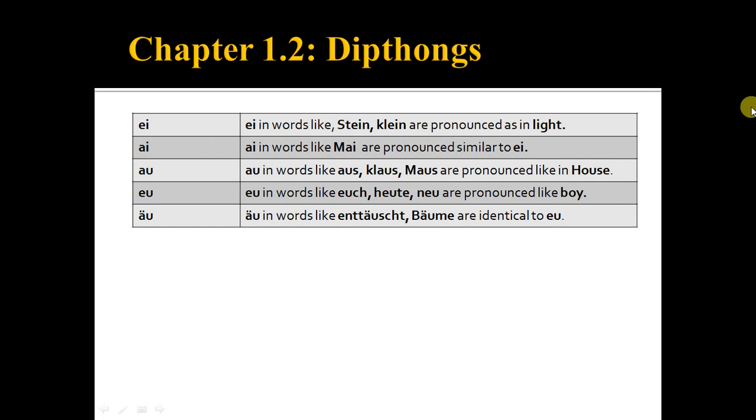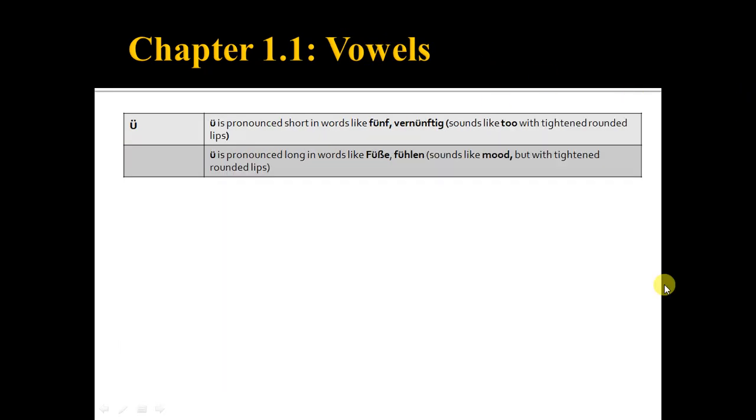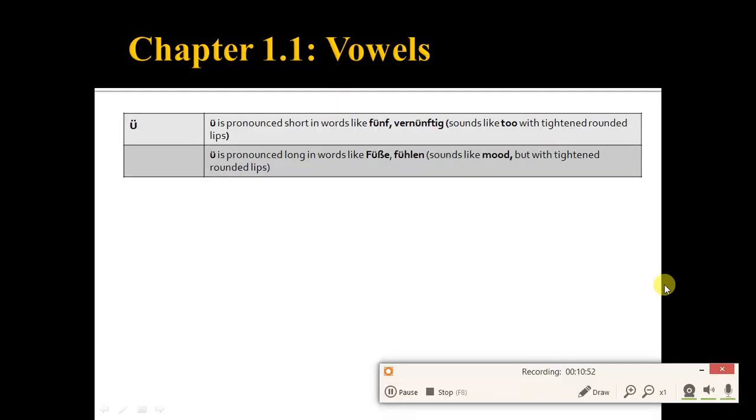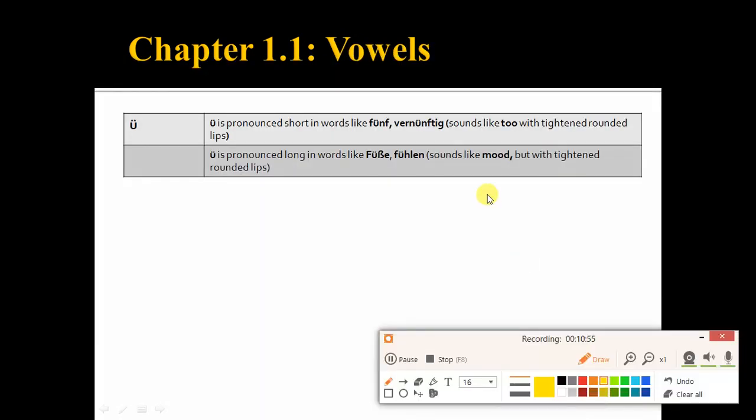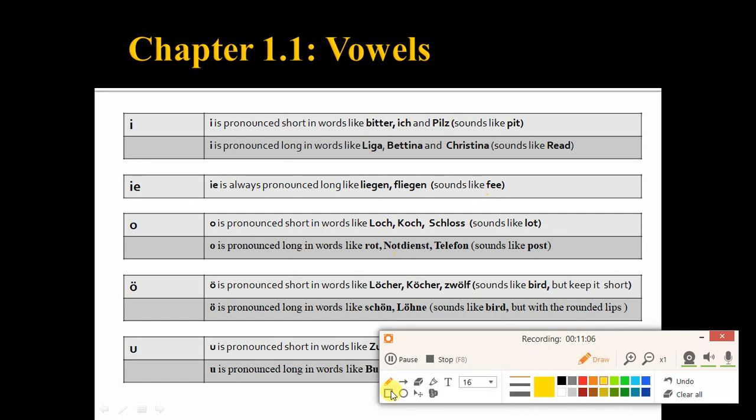Okay, the next chapter we have is diphthongs. The first diphthong we have is EI. If you remember, we have done IE.